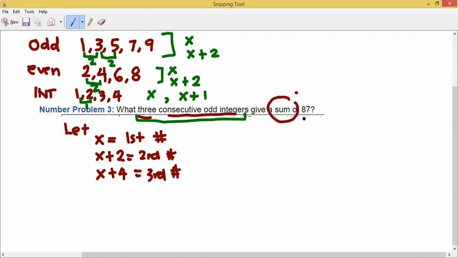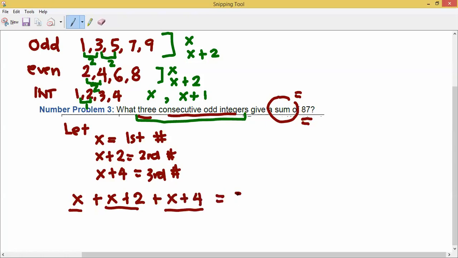The sum is 87. It means the first number plus the second number plus the third number. The sum is 87. Next, let's simplify them. X plus x plus x, that's 3x. 2 plus 4, that's 6, equals 87.